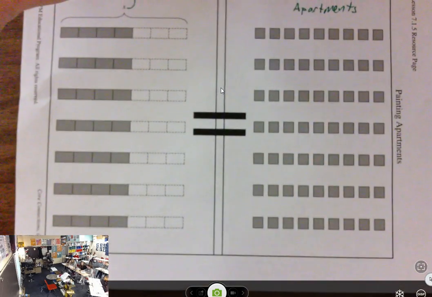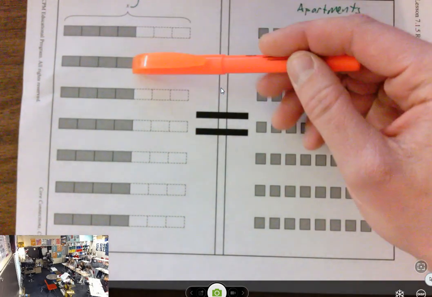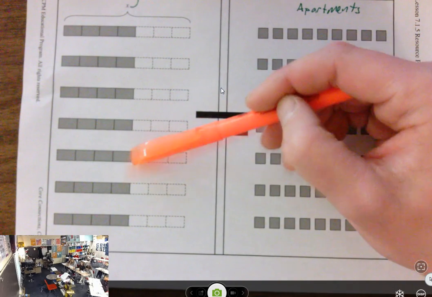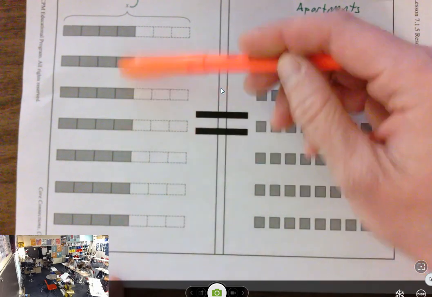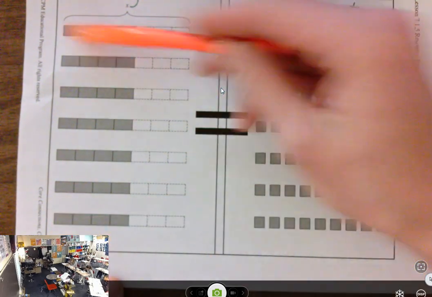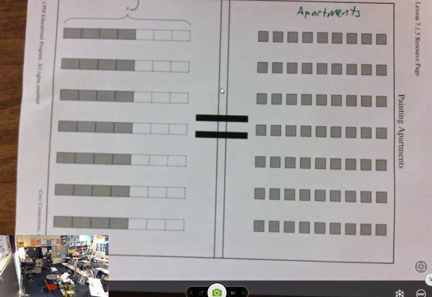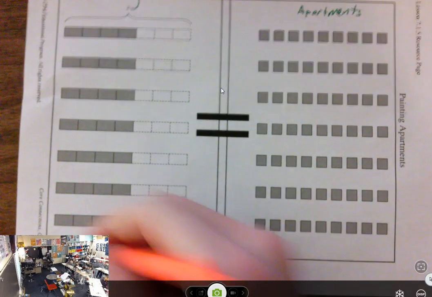If I multiply by 7 first, 2, 3, 4, 5, 6, 7. How many shaded squares do I now have? What's 4 times 7? 28, right? I have 28 shaded squares now.